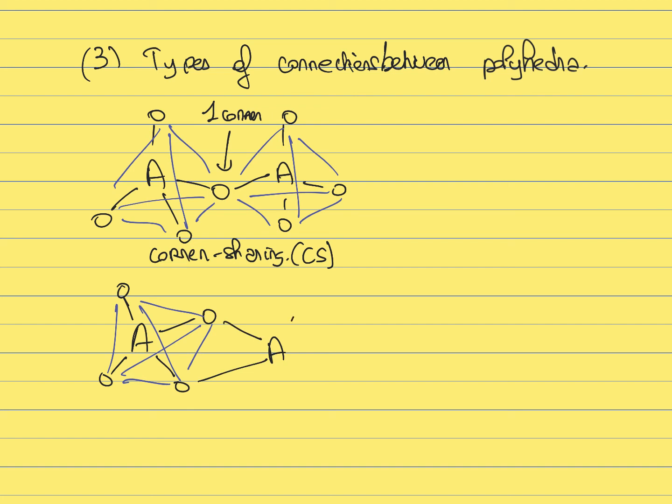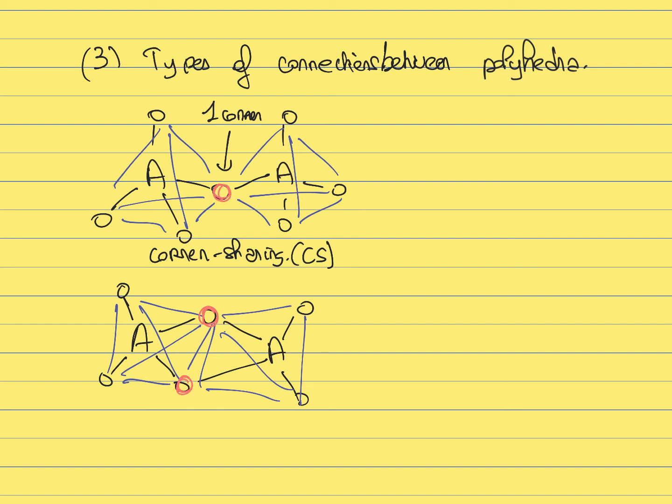So now you will have a structure like this, where this is also forming a cation, but this time those two tetrahedrons formed by the 2 cations are sharing 2 oxygen in common.